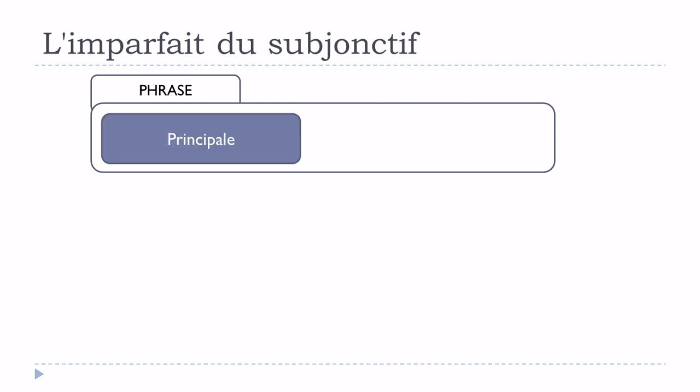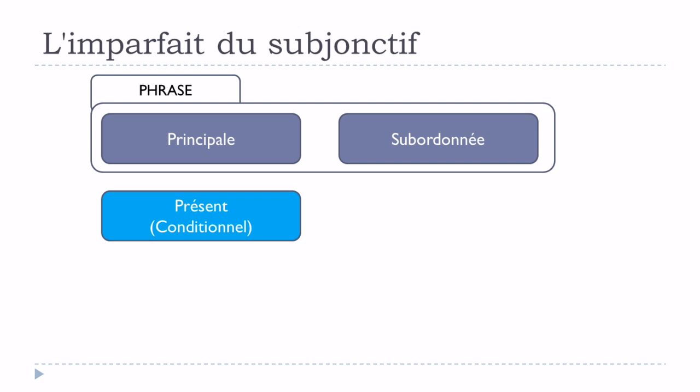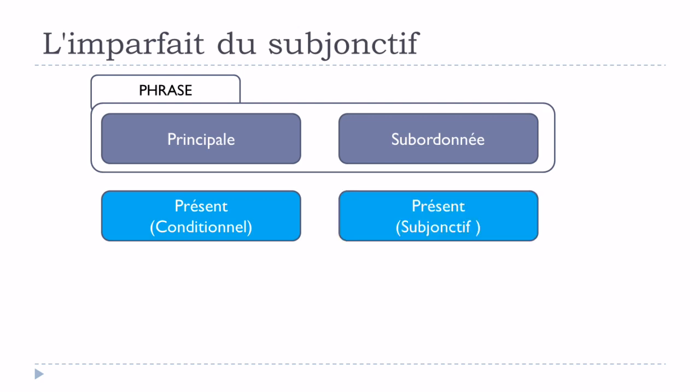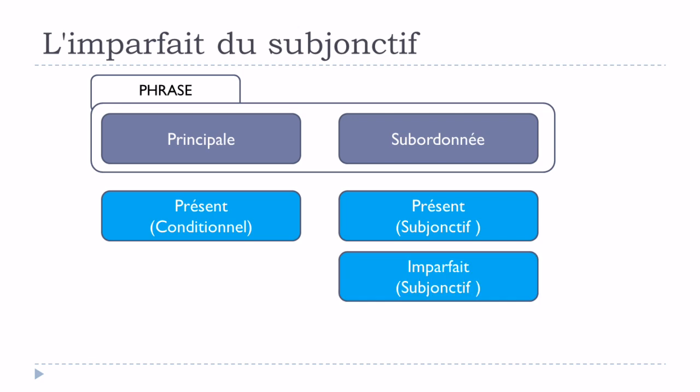Let's take now another situation in which we've got, same thing, a sentence, so we've got la principale and then we've got la subordonnée. Okay? If we have le présent du conditionnel dans la principale, then normally we should have le présent du subjonctif dans la subordonnée, or then l'imparfait du subjonctif dans la subordonnée.